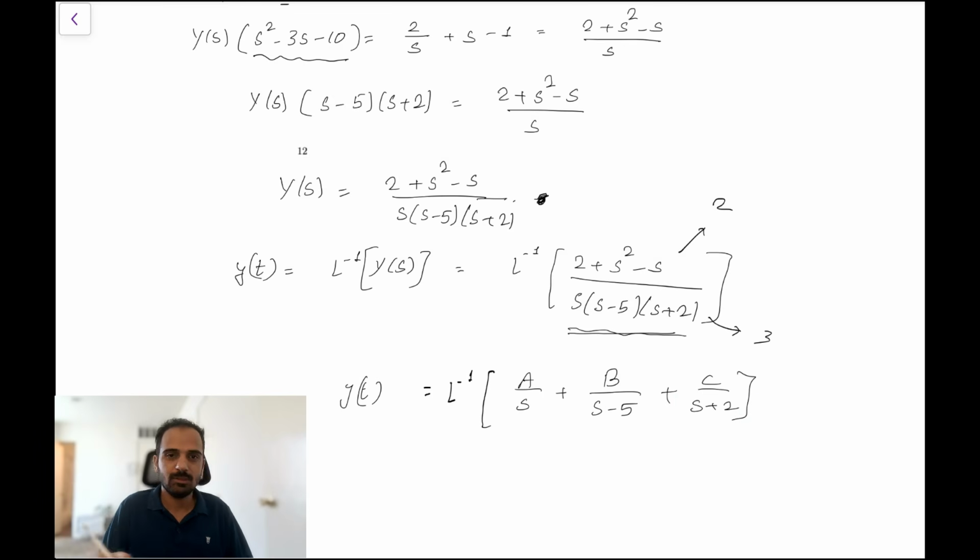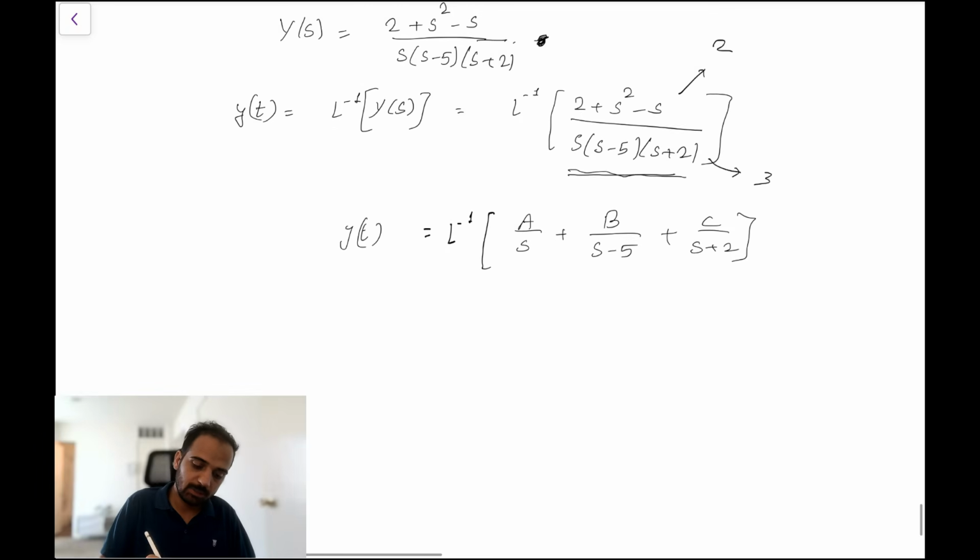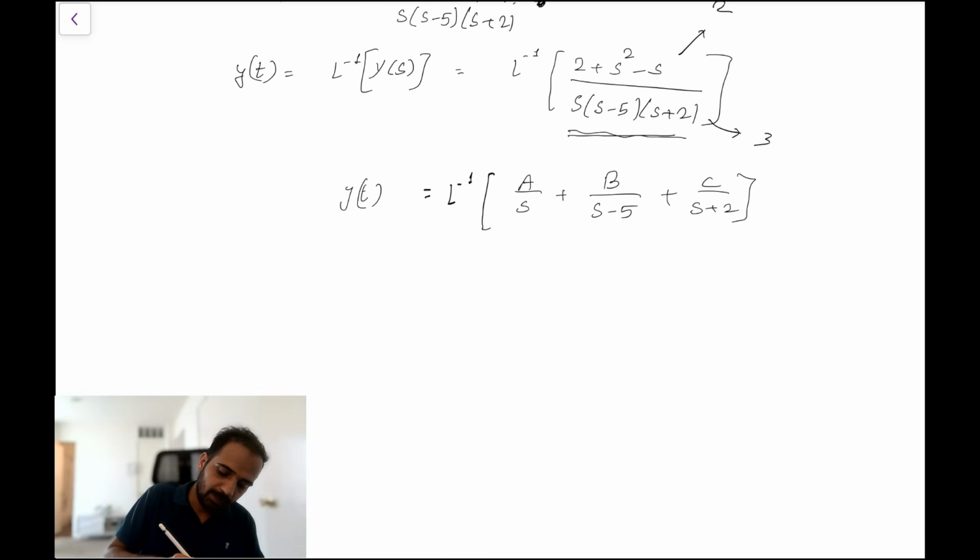We'll come back to this y(t) equation again, but before that let's find the values of A, B, C first.